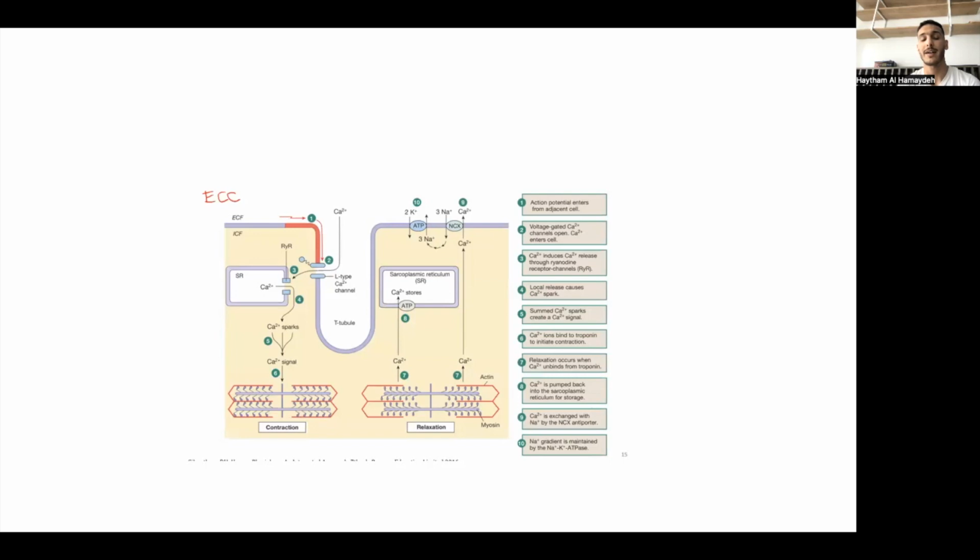Action potential comes in, a change happens to the calcium channel, and calcium goes in from the extracellular matrix to this receptor, causing a change in it. That causes the RYR channel to open up, releasing calcium from the sarcoplasmic reticulum into the cell's inner environment.